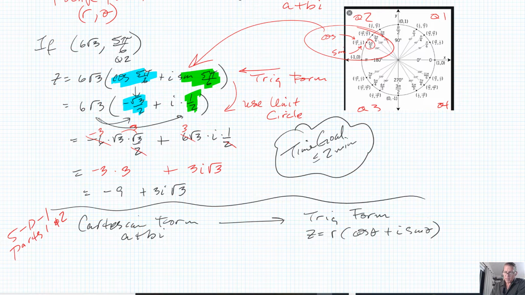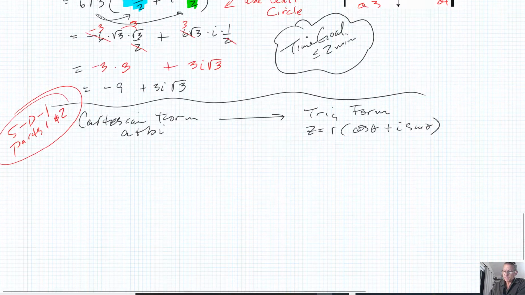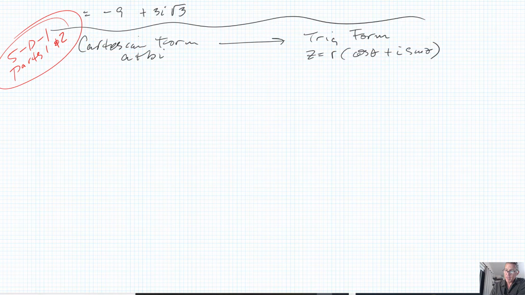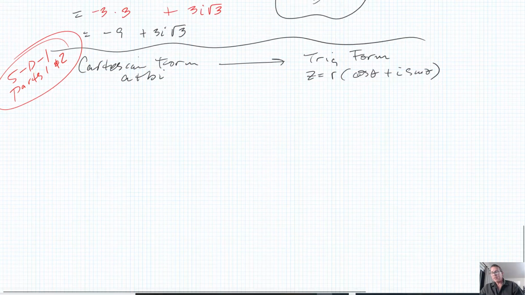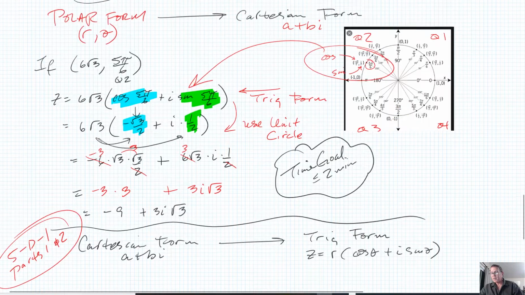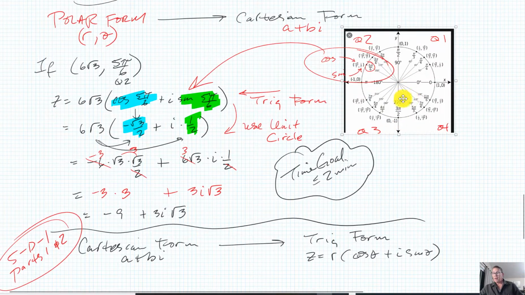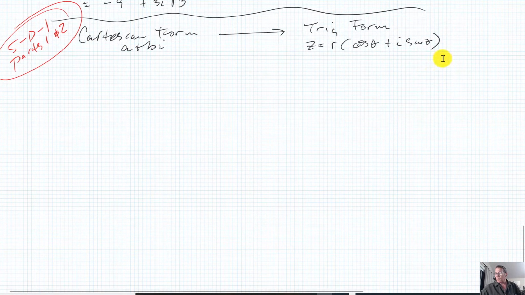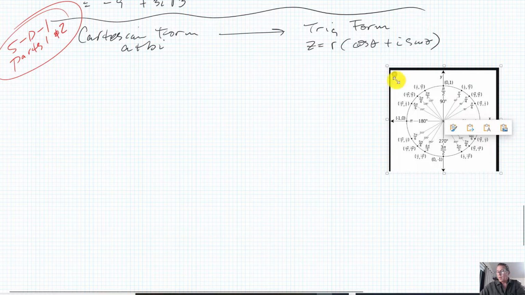If you want to use your resources, use your resources. So here we go. Let's do a calculator example, and then we'll do a non-calculator example. And then I think we'll be done with the review here. So we'll do 2 more problems. Calculator example first.